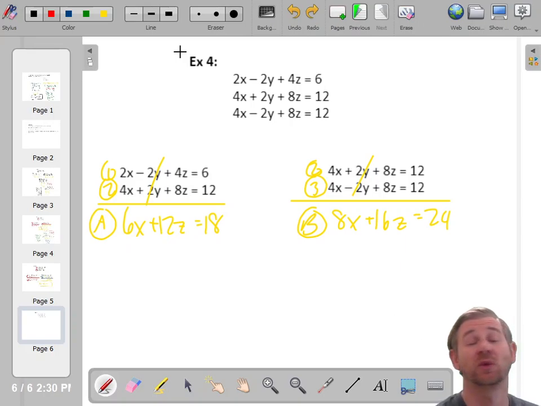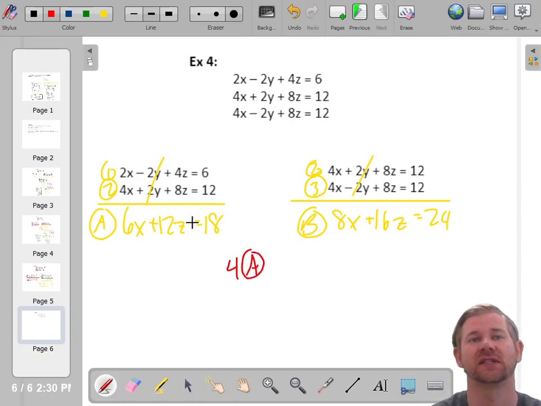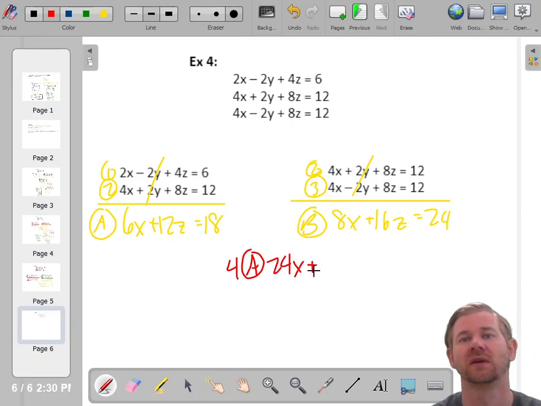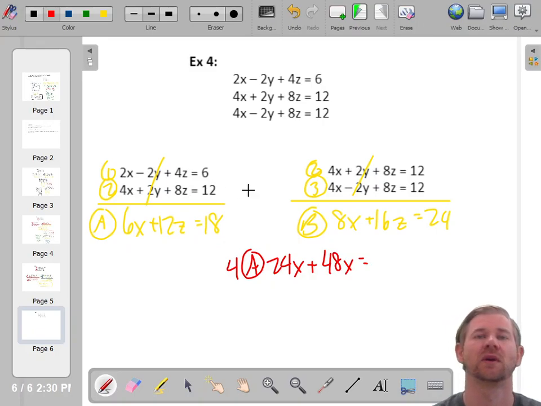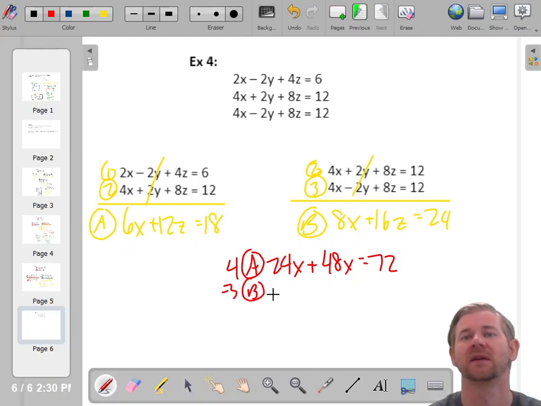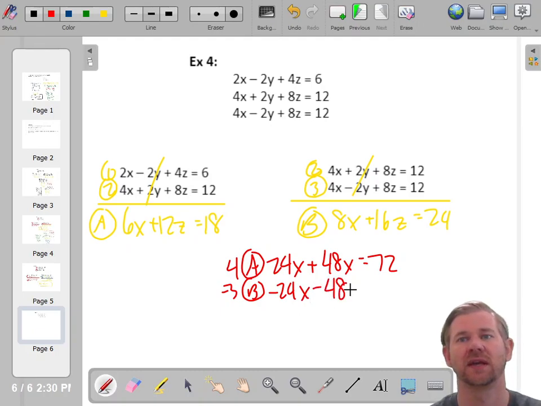6, 12, 18, 24. I'm going to multiply line A by 4. So 6 times 4 is 24. 12 times 4 is 48. And 18 times 4 is 72. This guy, I want this to be negative 24, so I'm going to multiply by negative 3, negative 24x minus 48z.